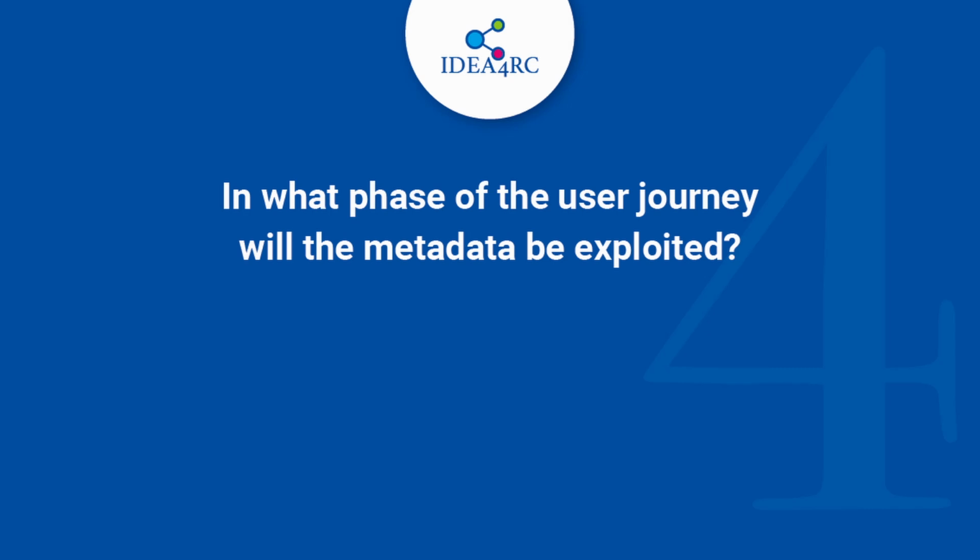In what phase of the user journey will the metadata be exploited? The metadata is going to be used for the discovery of the data, but also for when the researcher wants to use that data. Once we have told the researcher, yes, that is the data that you want, the metadata is going to tell them how they can use the data. What is the process that they need to follow to access that data? What are the documents that they need to present?